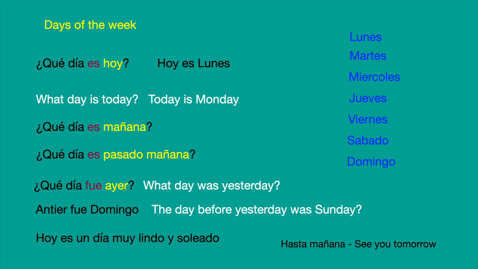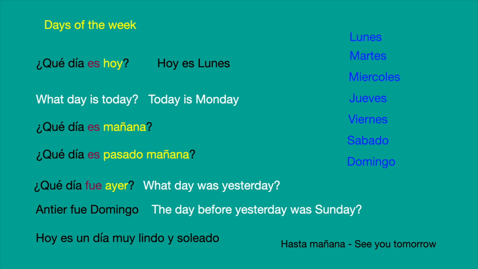So we have Monday, lunes, martes, miércoles, jueves, viernes, sábado y domingo. Again, lunes, martes, miércoles, jueves, viernes, sábado, domingo. And you have to learn that by heart. So here we have all these days of the week.